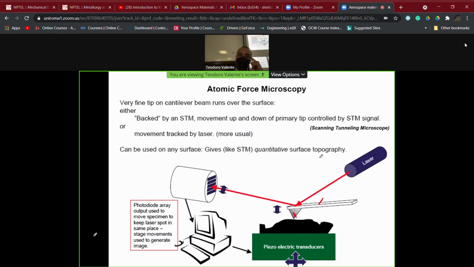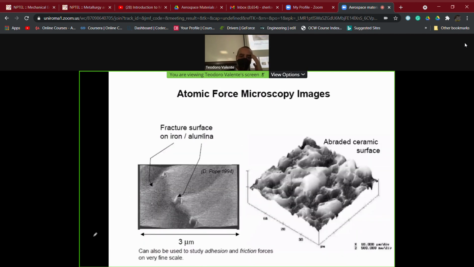Then, by using a photodiode and an impinging laser, we can record the up and down movement of this very fine tip, which is mounted on the cantilever. It is a little bit similar to another technique, the so-called scanning tunneling microscope, but AFM is more important for this. Have a look at some images which can be obtained by using AFM.